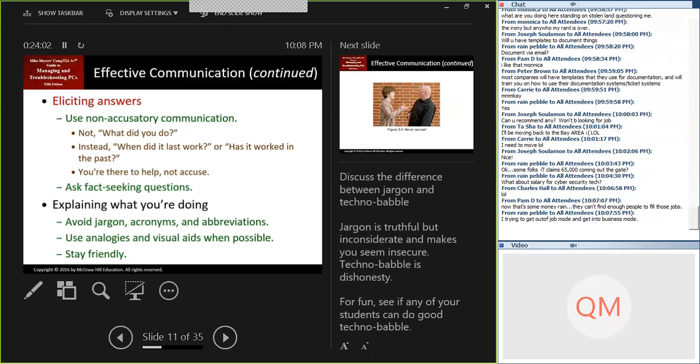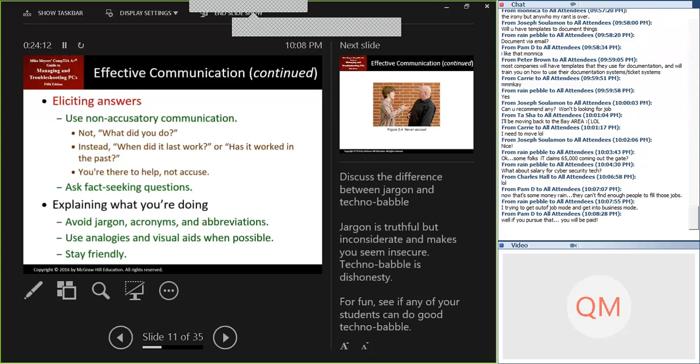And ask fact-seeking questions. A lot of times I tell people, open-ended questions. Most of the closed-ended questions don't really get you to where you need to be, right? So, does the computer turn on? That's a yes or no question. But that might be one of the main yes or no questions you ask, right? Do you have power?